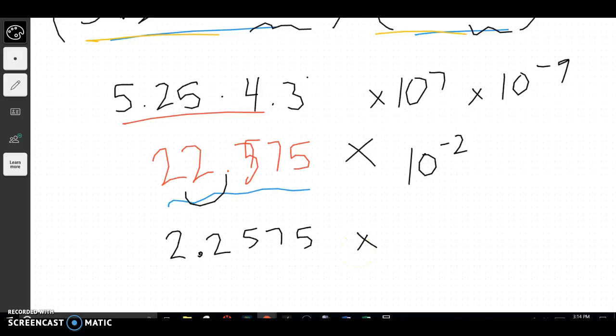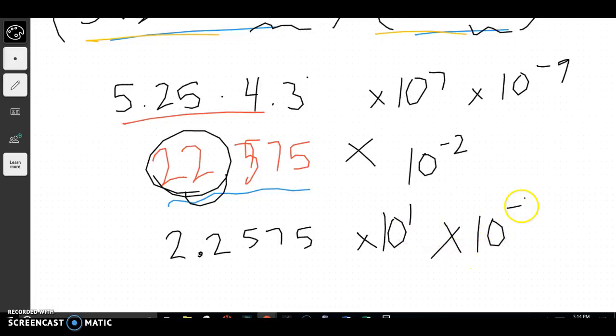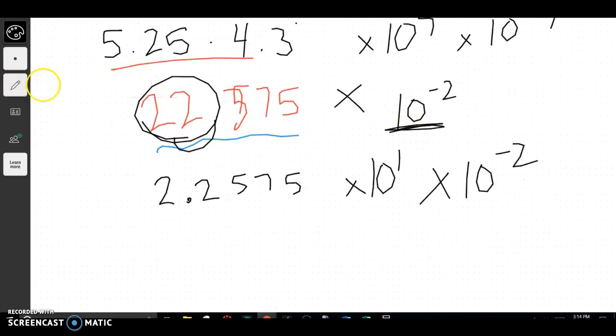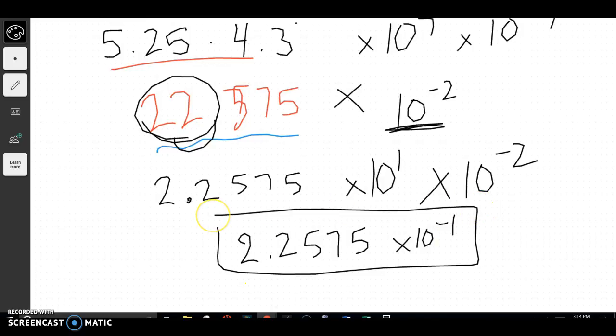Because 22 is a bigger number, when I move it 1 space over, that should be a positive 1. Then we'll combine the two things. I'll combine this with the other 10 that I already had, and I will get 2.2575 times 10 to the negative 1st. That would be my final answer.